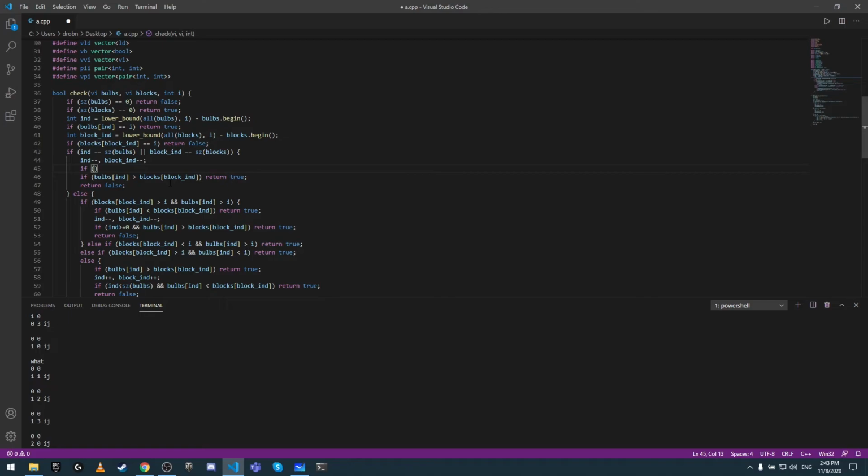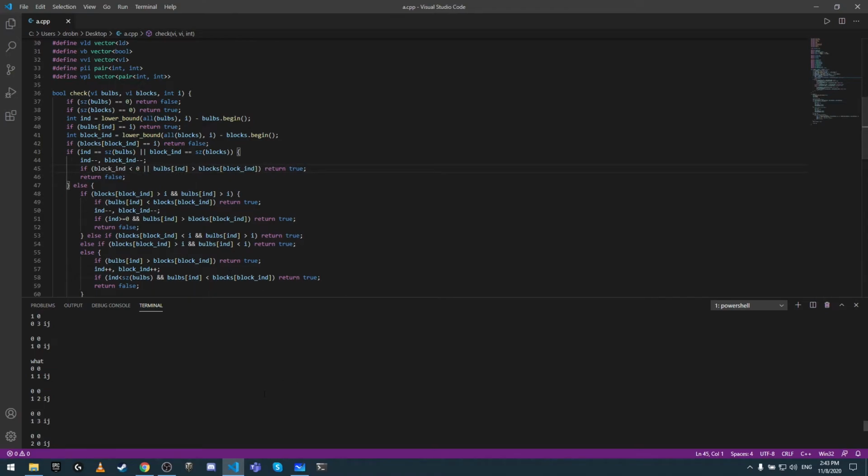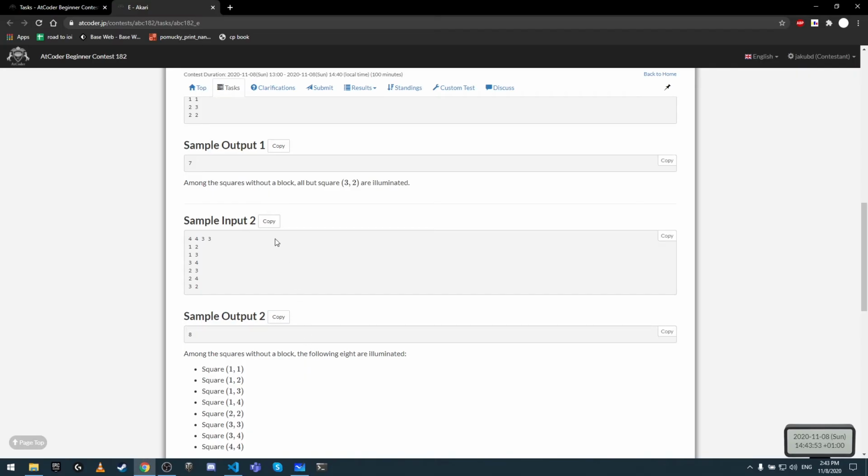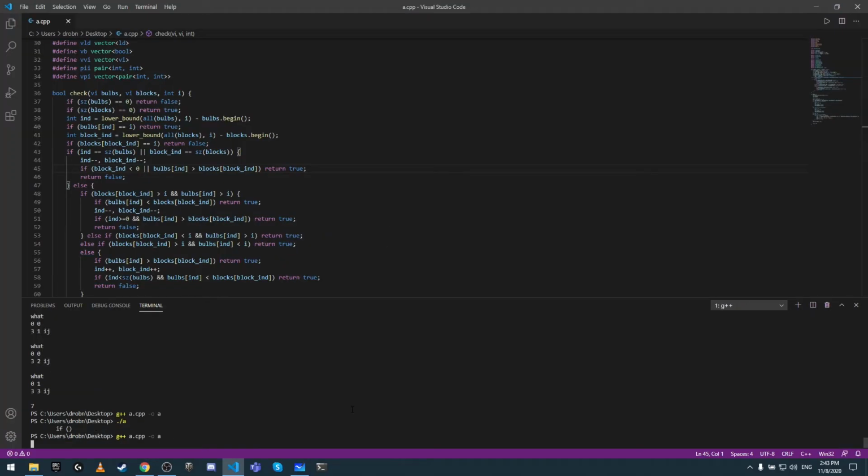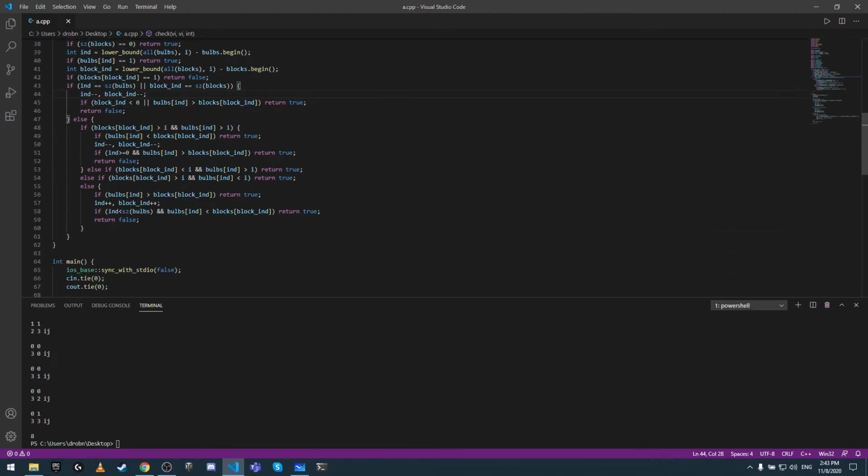Block index equals. Now if block index under 0, okay, we got 8 finally.